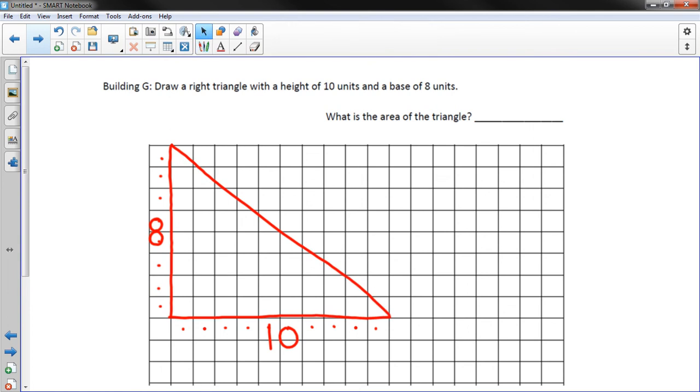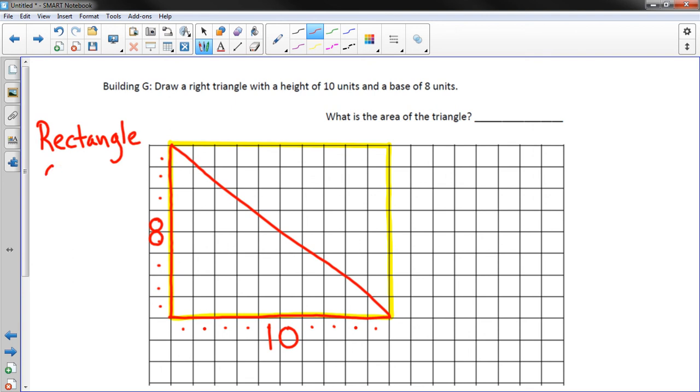Okay. And you have to remember there's a rectangle here, and the area of that rectangle is 8 times 10. So the rectangle, the area of that is equal to 8 times 10, which is 80. And you have to remember that the triangle is half of the rectangle.